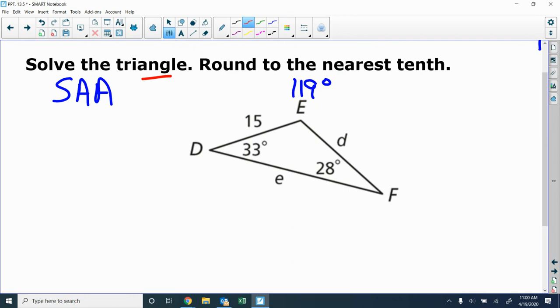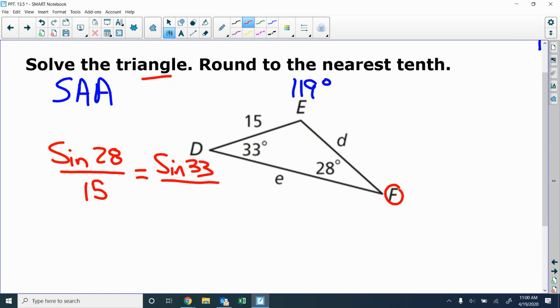So when we have a side and the angle is F here, we have the angle and the side that goes with it. So we're going to start with that. The sine of 28 over 15 is equal to, and here it really doesn't matter which one we do, I'm going to go ahead and do side d. We're going to go for the sine of 33 over d, and we don't know side d.